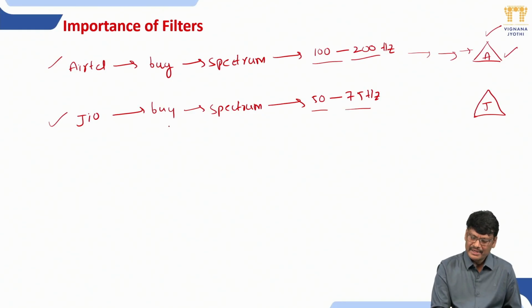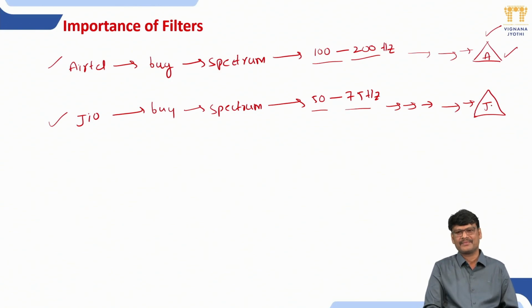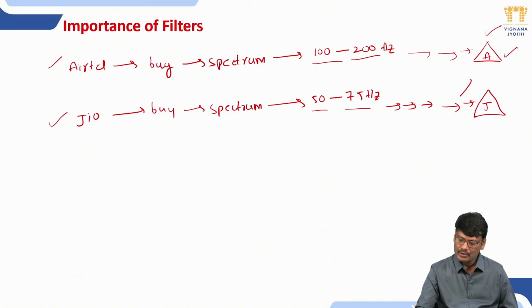Similarly, Jio will also send their signal in the air at the frequency range 50 to 75, and these signals will be circulated in the air and reach the Jio signal tower. Signals will go to any signal tower through air. Now, this Jio signal will go to this Airtel tower. Similarly, the Airtel signal will reach the Jio tower.